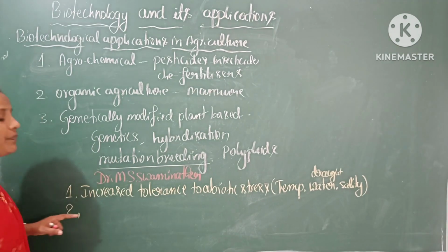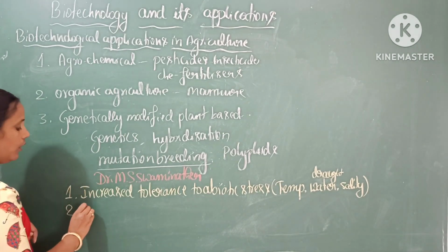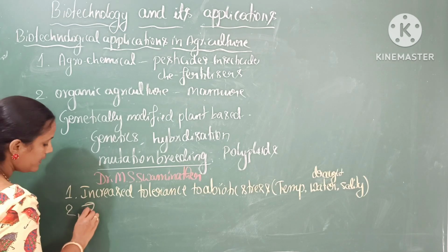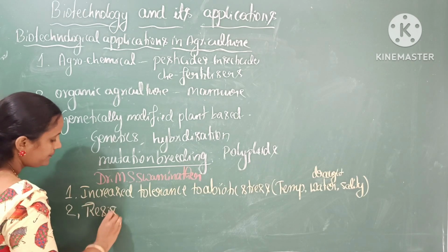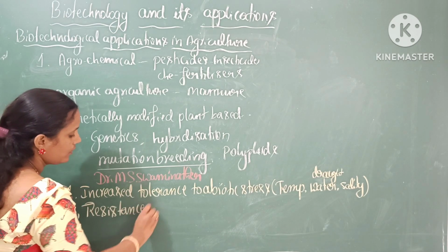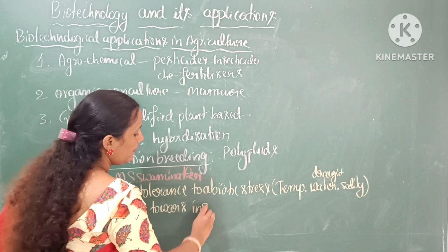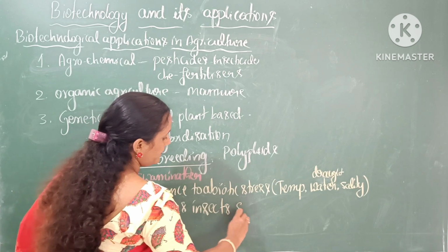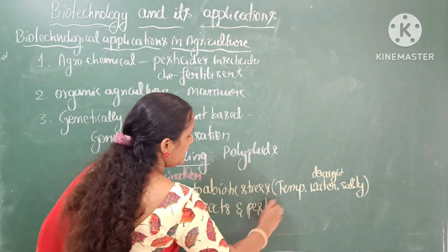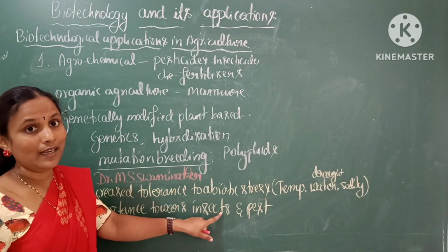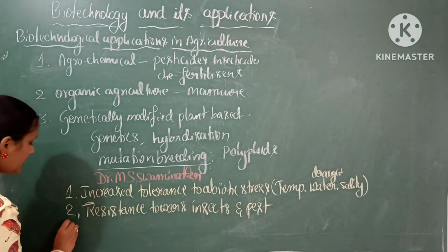And secondly, it is possible to make the plant resistant towards insects and pests. So pest resistance and insect resistance can be induced in genetically modified plants.